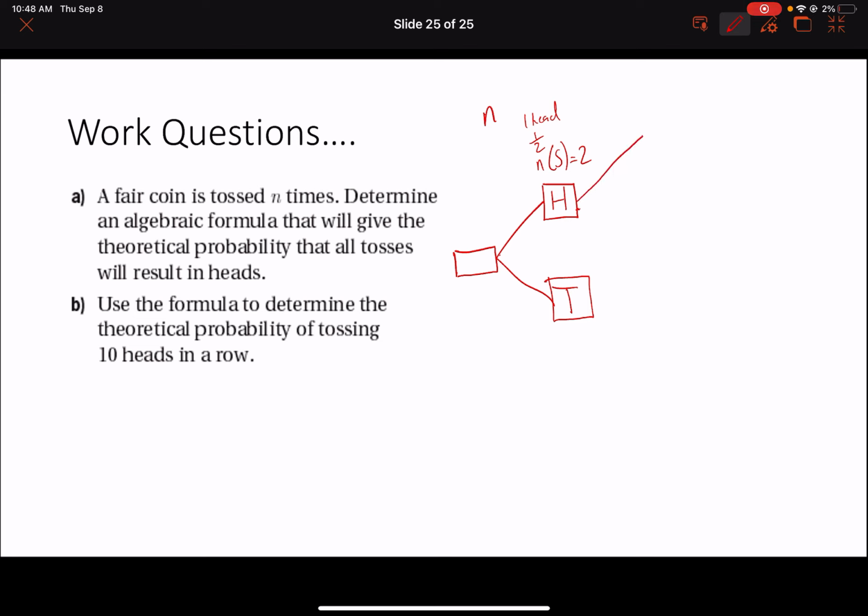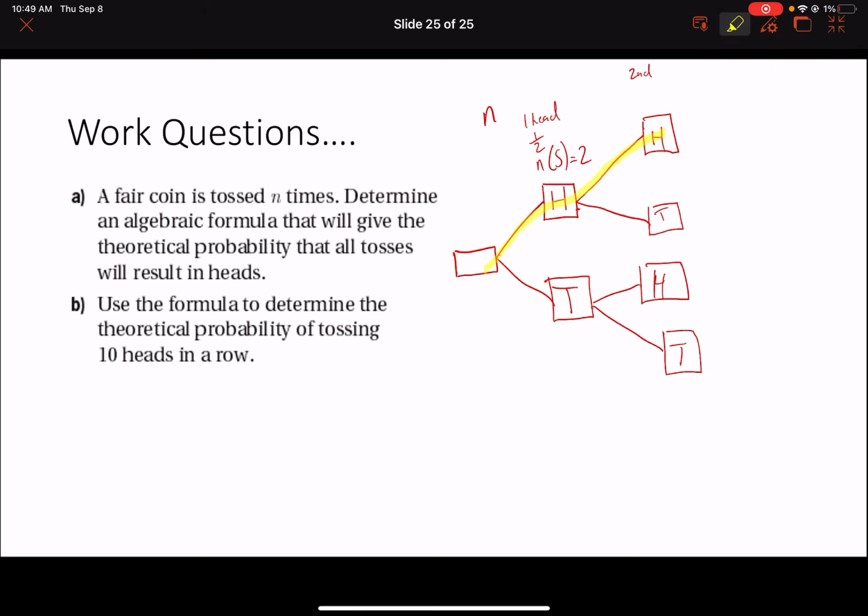Now, in this case, if I roll heads the first time, this is the second. Heads, tails. I have heads, tails. What's the probability? Well, let's look.